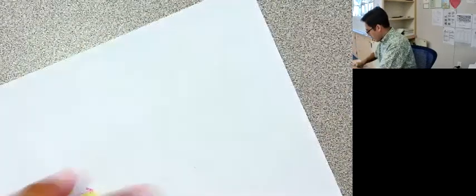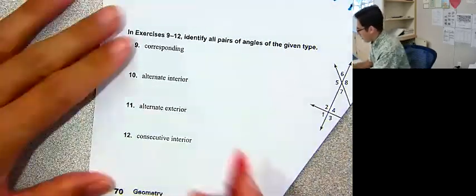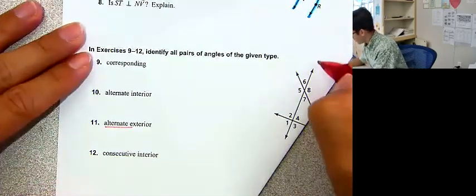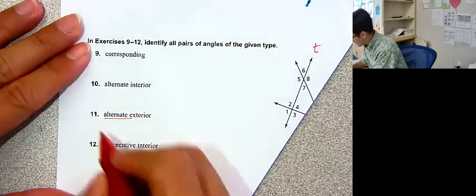Let's move on to alternate exterior. Again, the word alternate just means opposite sides of the transversal. So there's our transversal.